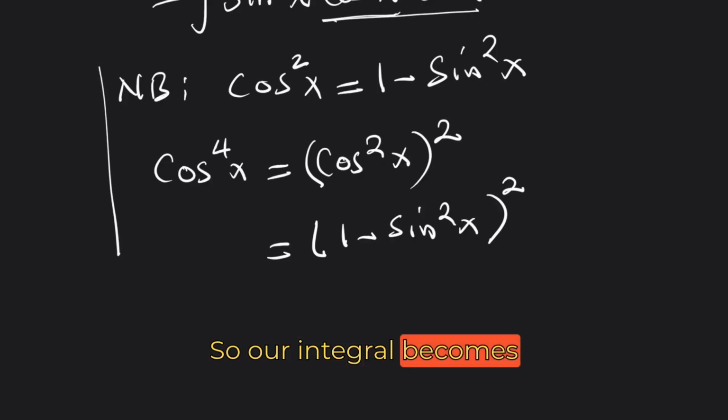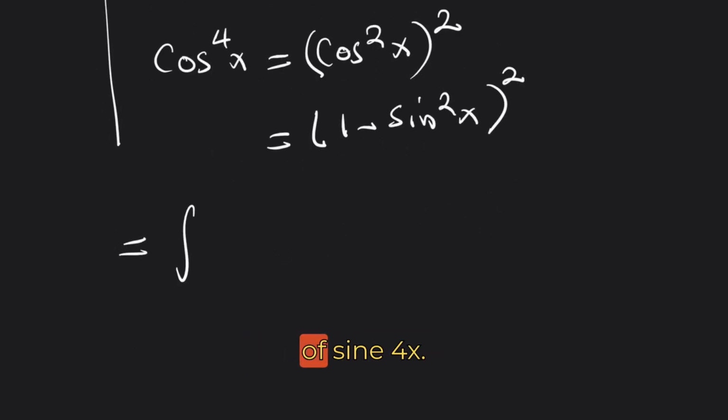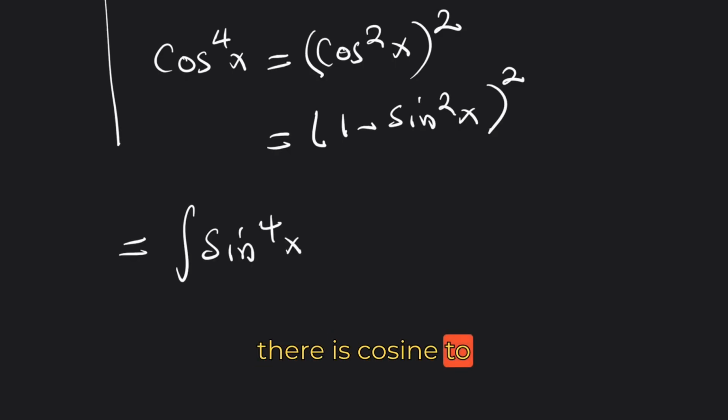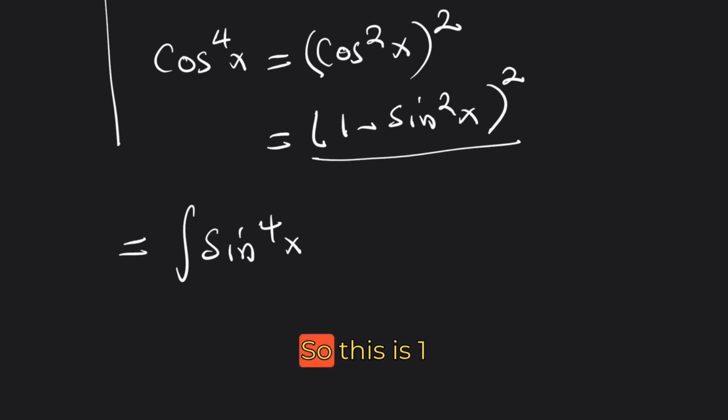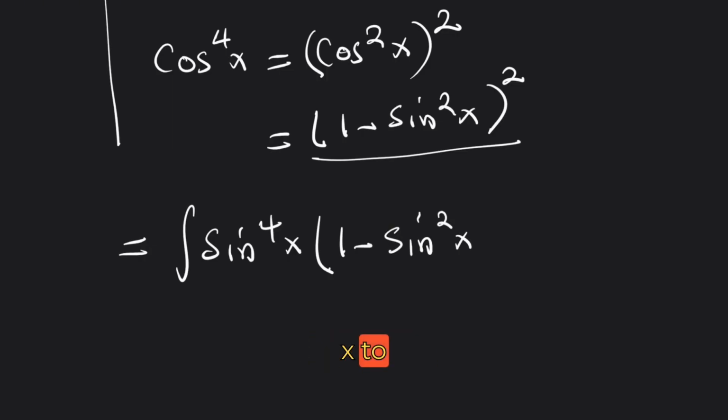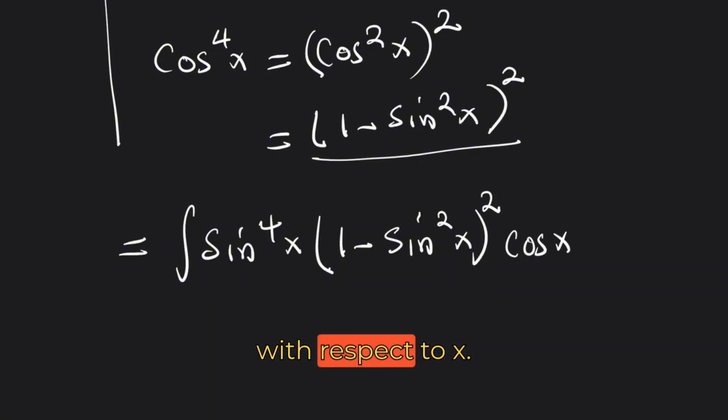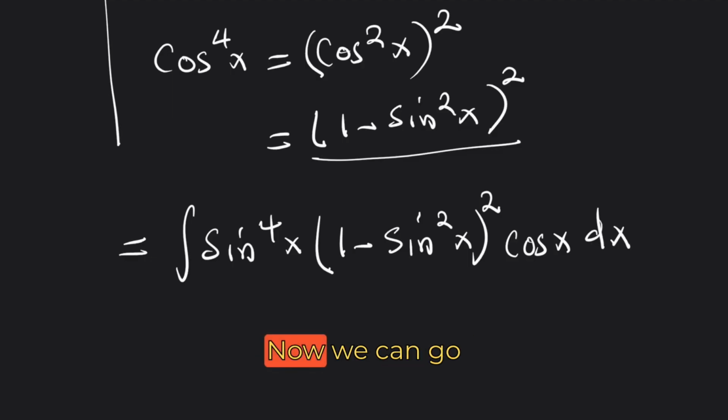So let us just do the substitution in our integral. Our integral becomes the integral of sine to the power 4x, then where there is cosine to the power 4x, I put what we found here. So this is 1 minus sine squared x to the power 2, then remember we have cosine x with respect to x. Now we can go ahead and make the u substitution.